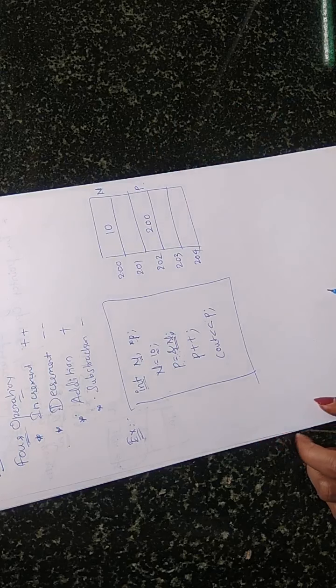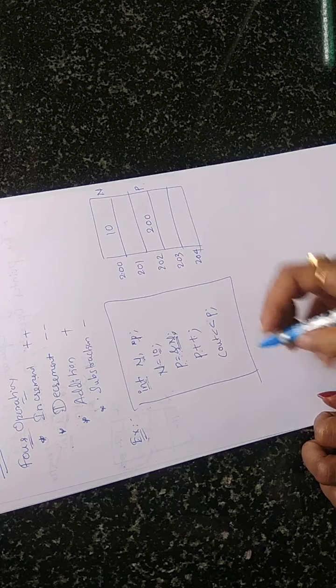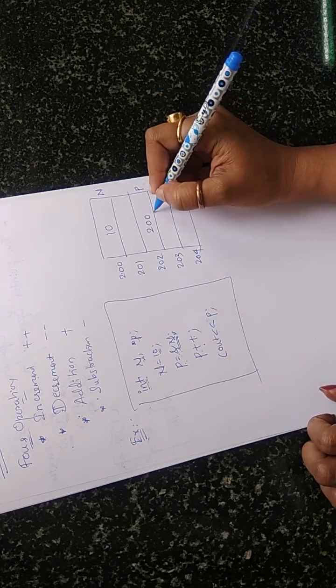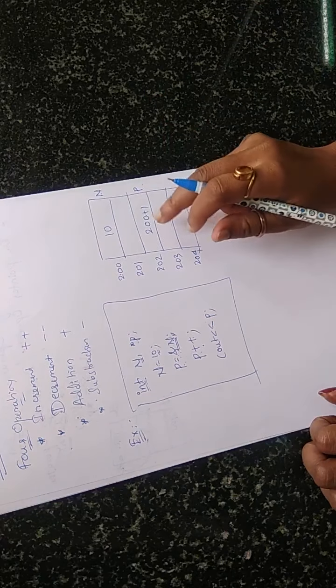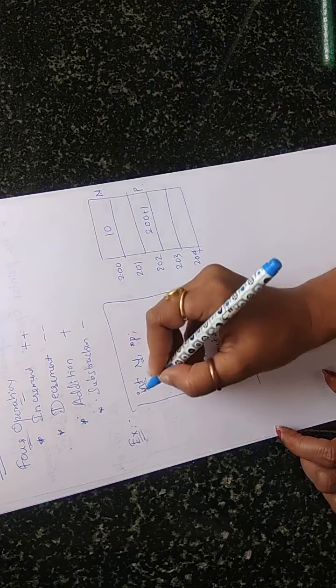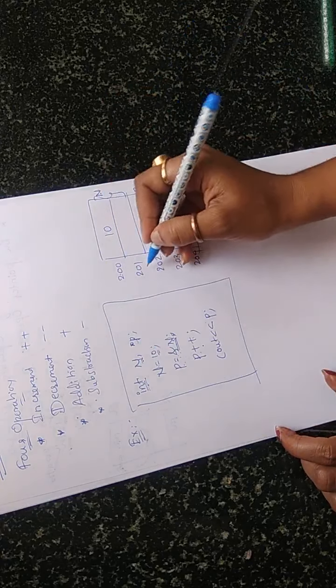Then next, p plus plus. So p plus plus means what we are doing, in p what is there, 200 plus 1. Understand, n is an integer, so it takes 2 bytes, meaning 200 and 201.